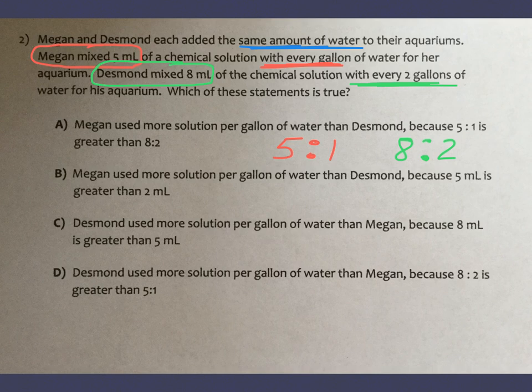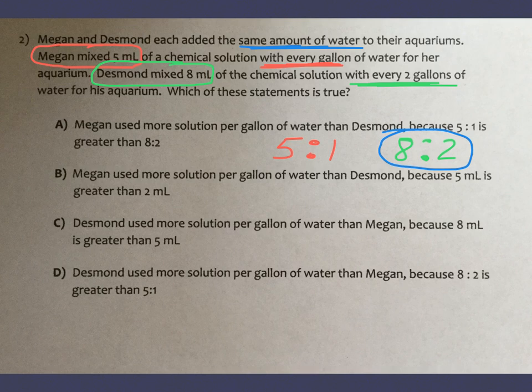How could we tell? Is there something we could do to Desmond's ratio to help us be able to better tell whether Megan or Desmond's was more or less? And if you said yes, I think you probably should be considering simplifying this ratio.